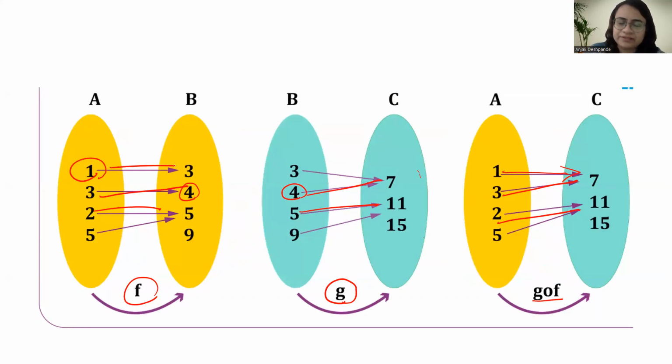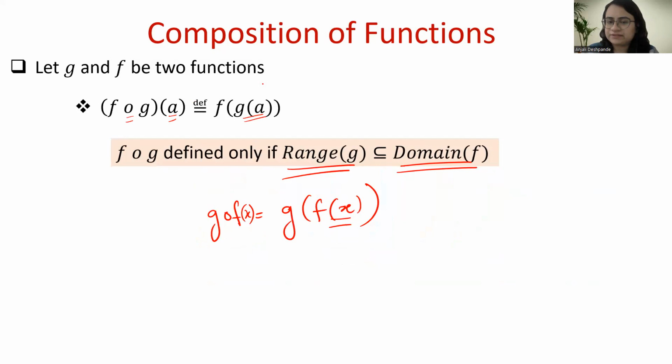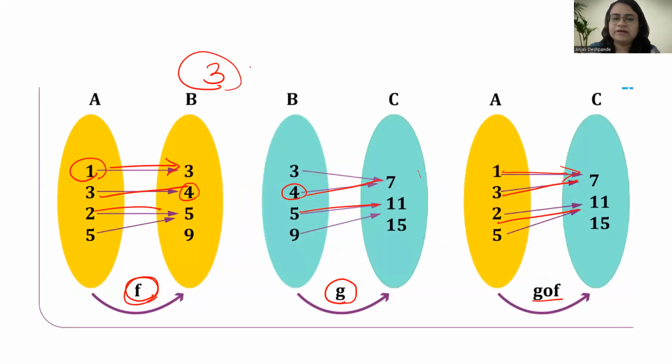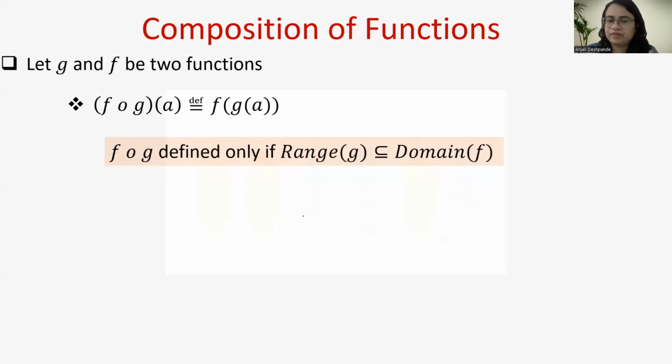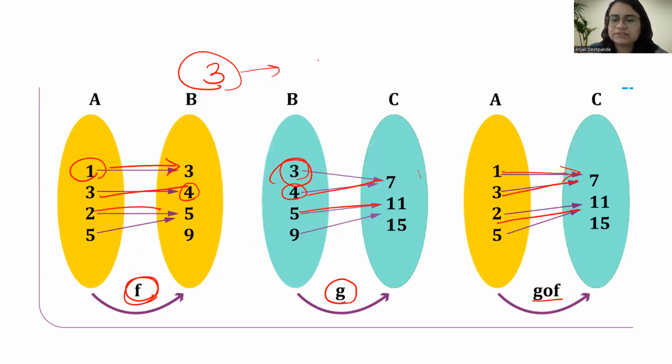First I found the image of x, that is 3 in f, and this 3 is my f of x. Then I tried to find the image of this f of x, that is 3, in g. Its image is 7. So that is why if you want to find g o f, you will have to take the mapping in f first and then g.